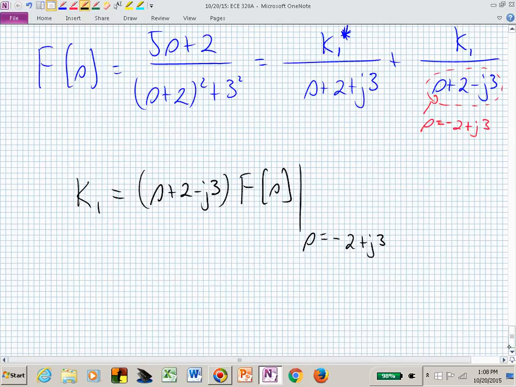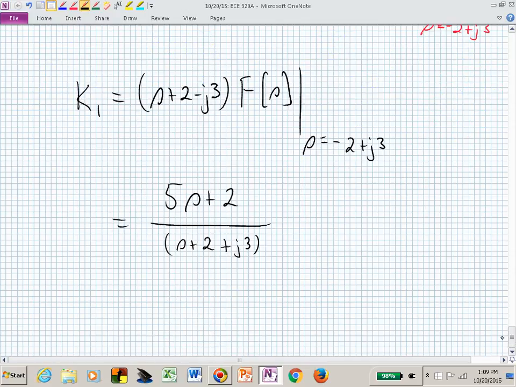Now, what is this expression actually going to be? I'll do the hard part. The numerator, what's downstairs? We've already canceled that s plus 2 minus j3 factor, so what's left is the s plus 2 plus j3, and we're evaluating it at s equal to minus 2 plus j3.